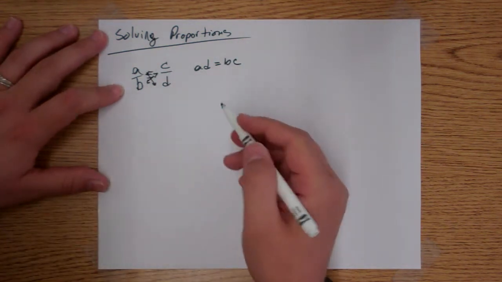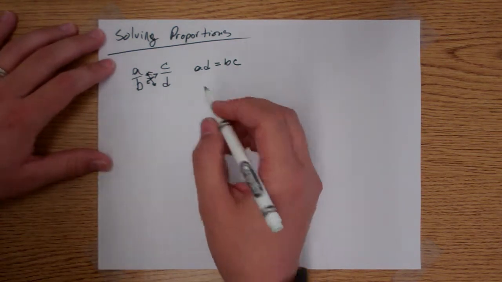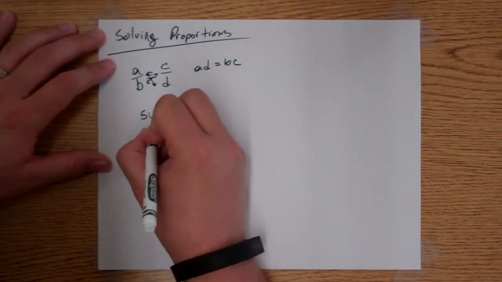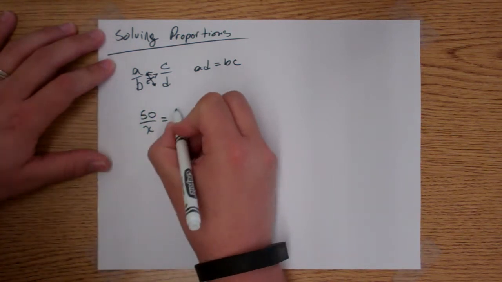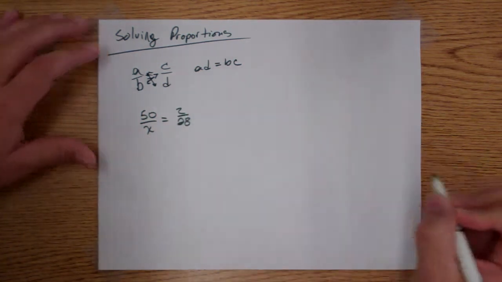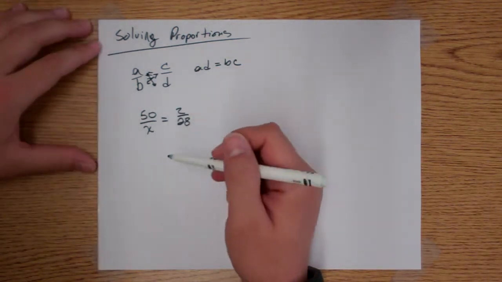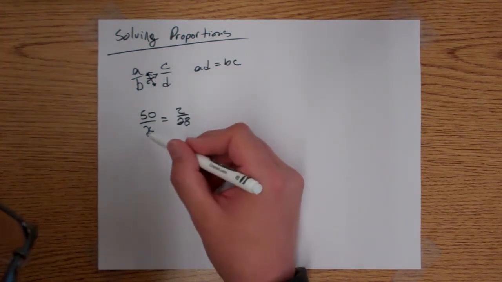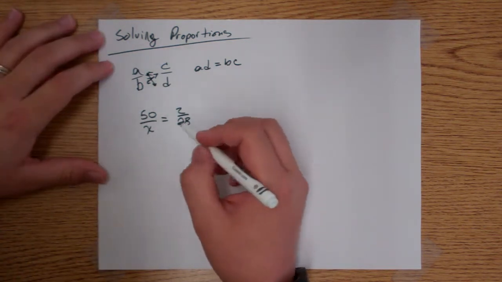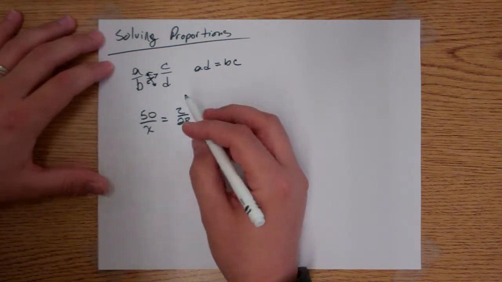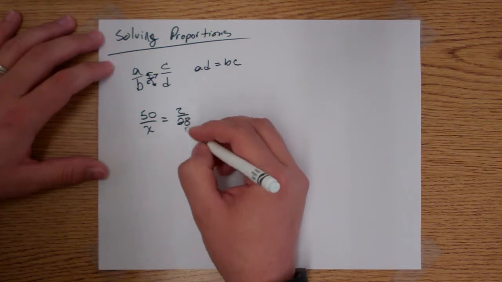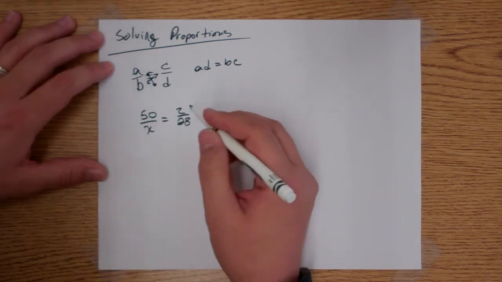And if one of these is a variable, you would basically solve for that variable. So say we had 50 over x equals 2 over 28. Now, you would not cross-reduce this, because that's going to throw off what x is. You can simplify within the fraction, but you can't cross-reduce.